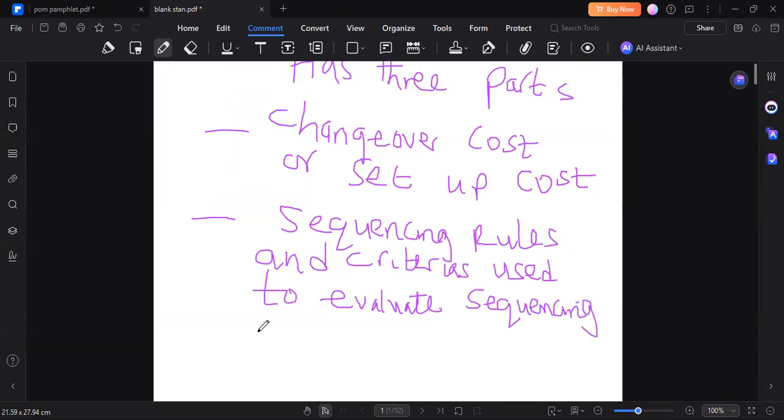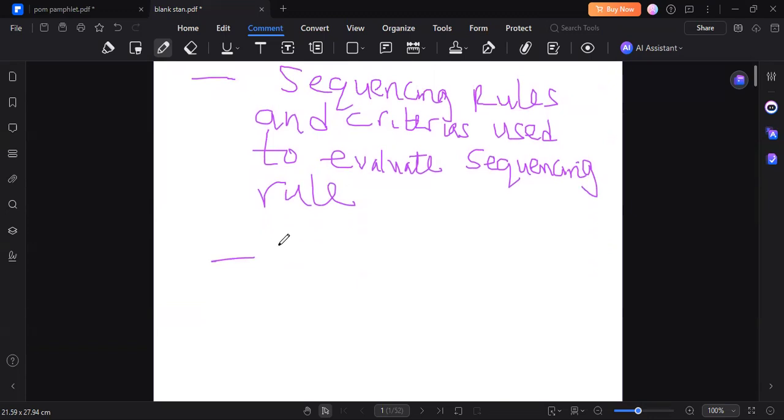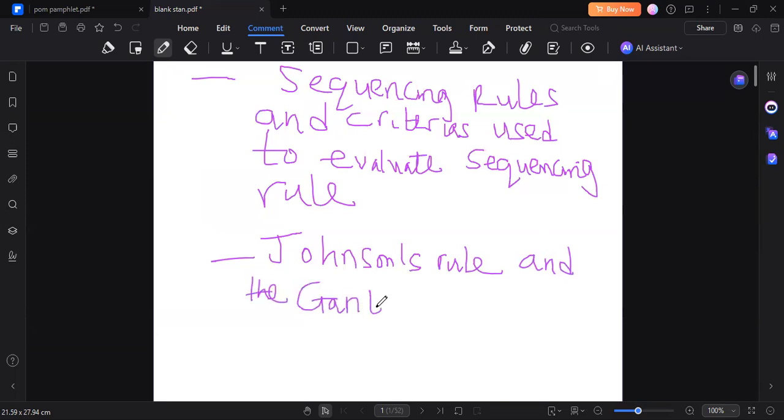Then the other part of this topic is Johnson's rule and the Gantt chart. So this is what goes on.